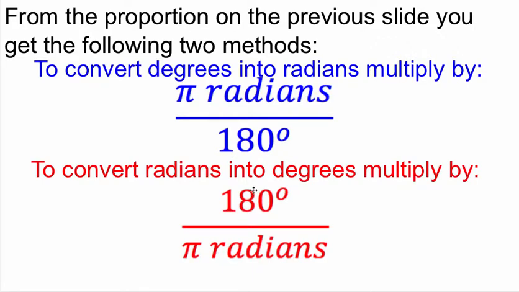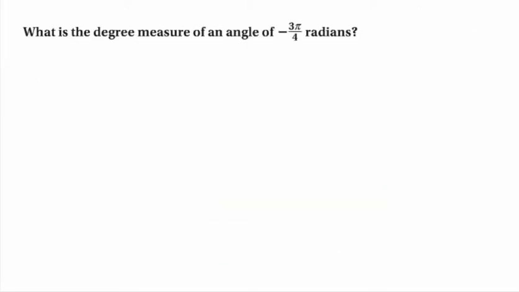You'll notice when I work the examples, I'm going to highlight them blue or red, depending on which one we're doing, so that hopefully it ties in to which formula we're using, to give you another layer of linkage. So let's look at an example. What is the degree measure of an angle that has negative 3 pi over 4 radians?